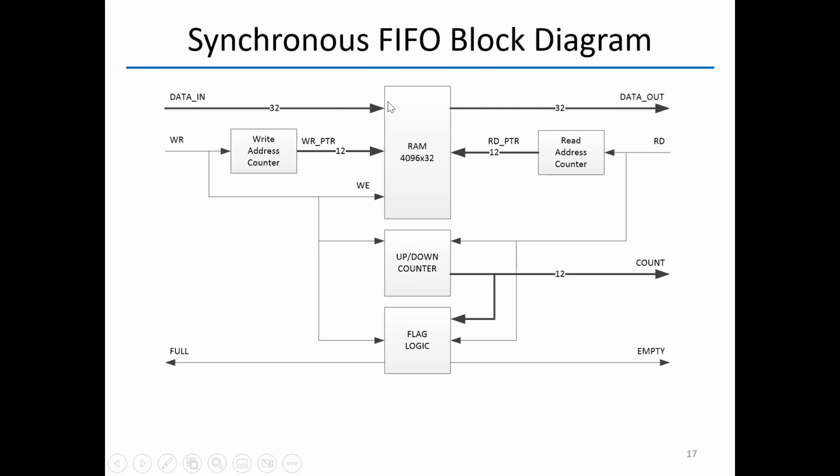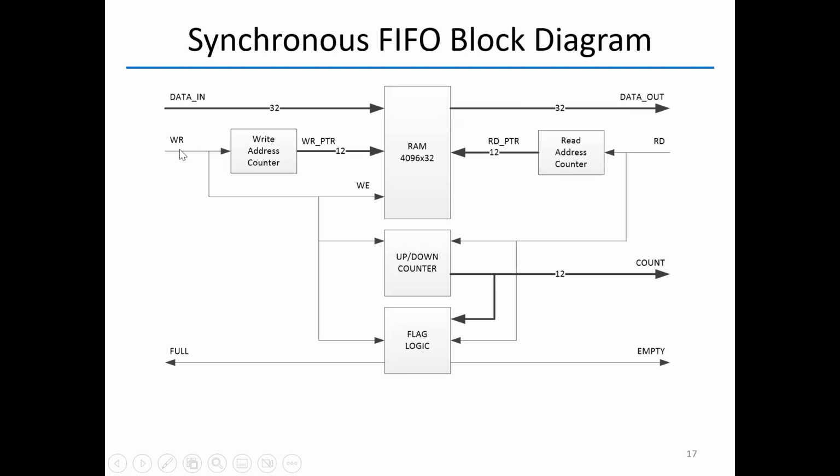Means data may come in and data may come out. You can see here the data is 32-bit, 32-bit. This is my data. And my address pointer is 12. 2 to the power 12, 4096.